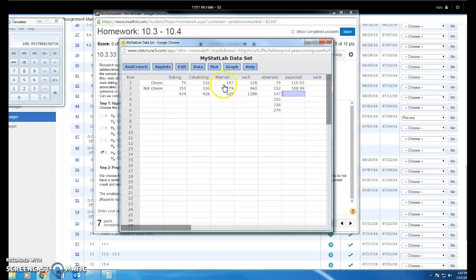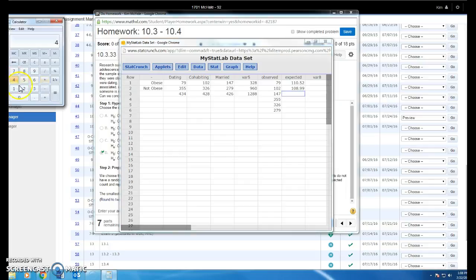And then for this one, I'm going to have 426 times 328, divided by the 1288. 426 times 328 divided by 1288 is 108.48.